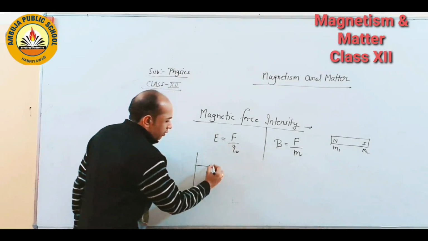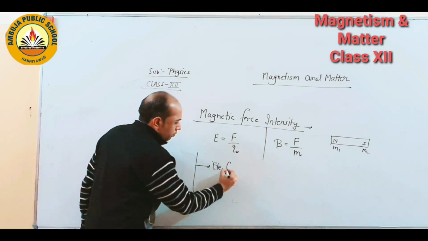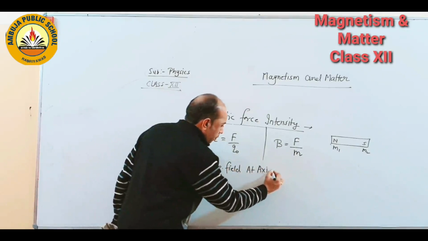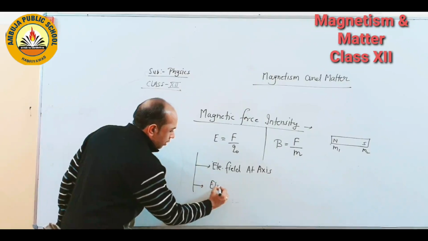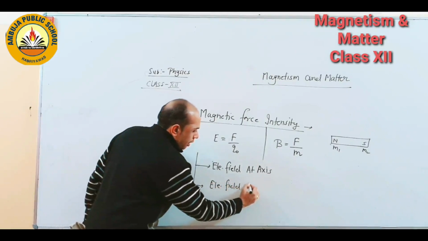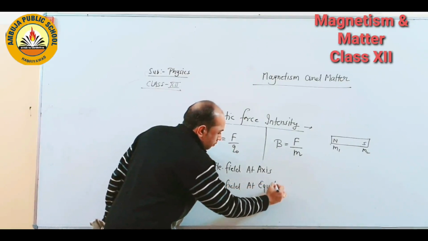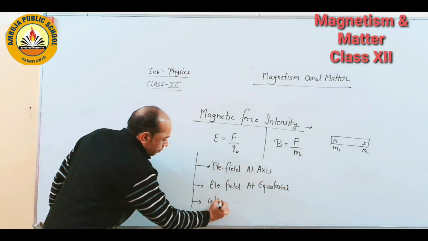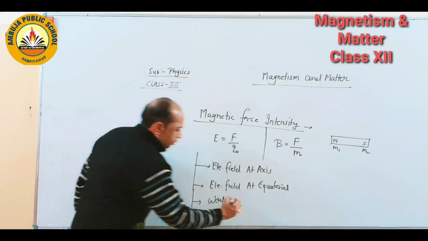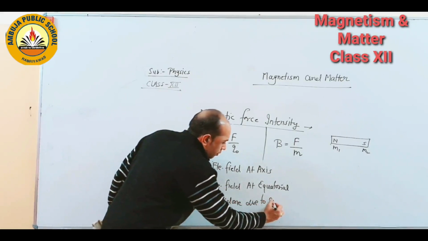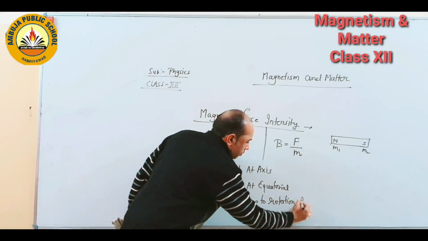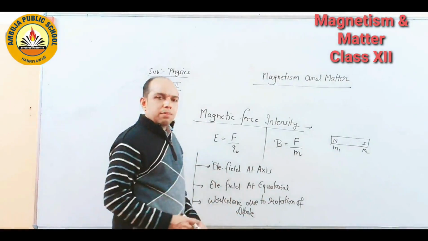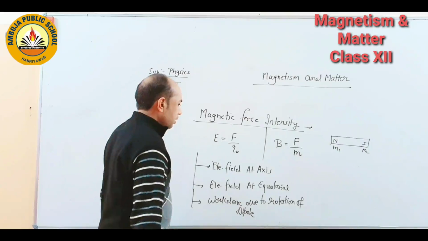When we calculate the magnetic field and electric field at the axis, similarly at the equatorial, and work done due to rotation of dipole, all the results remain the same, only the difference is in their parameters.